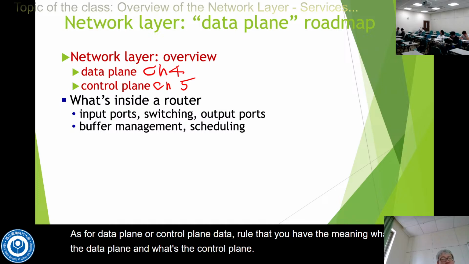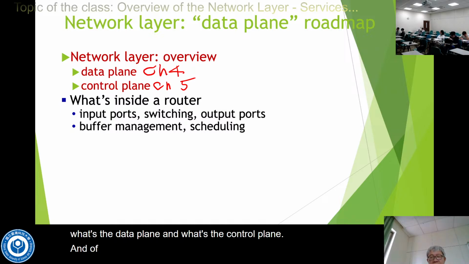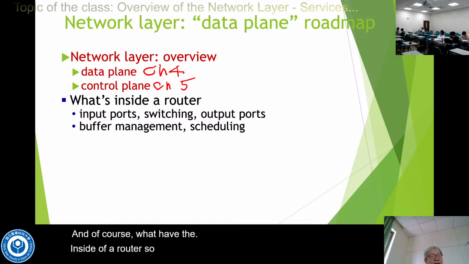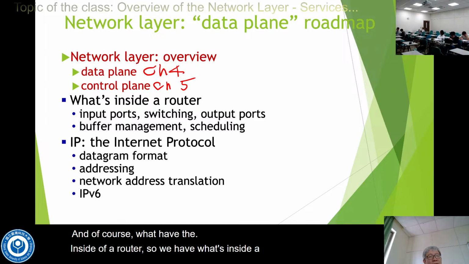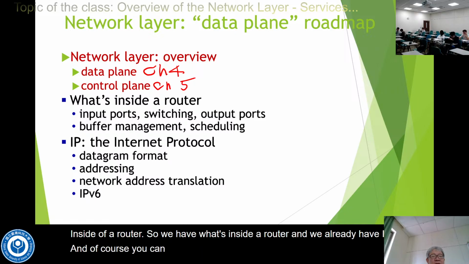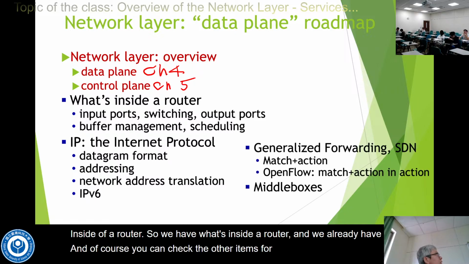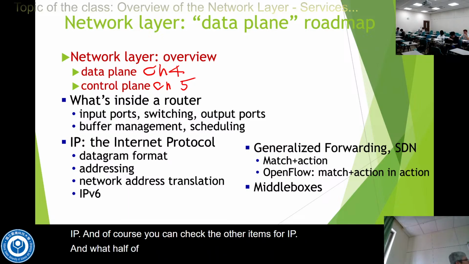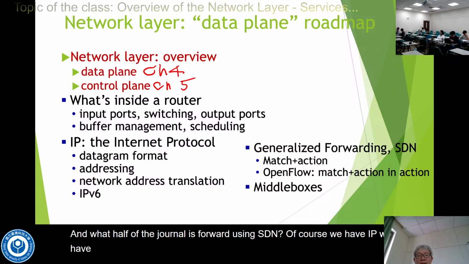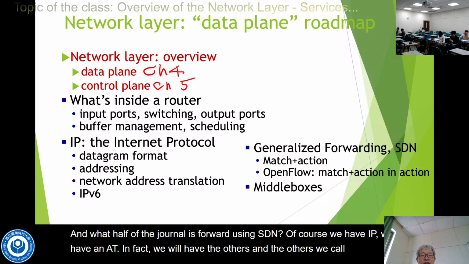And of course, we will look at what's inside a router, and we already have IP. And we will have generalized forwarding using SDN. And of course, we have IP, we have NAT. In fact, we will have others, which we call the middleboxes, in the chapter.